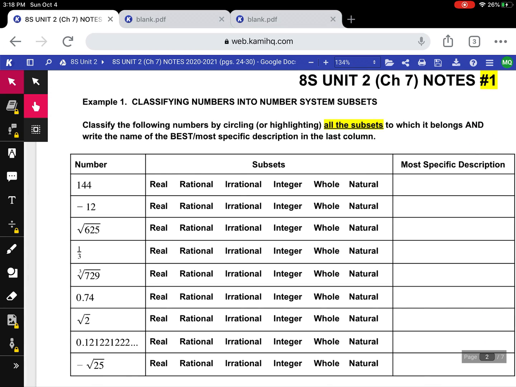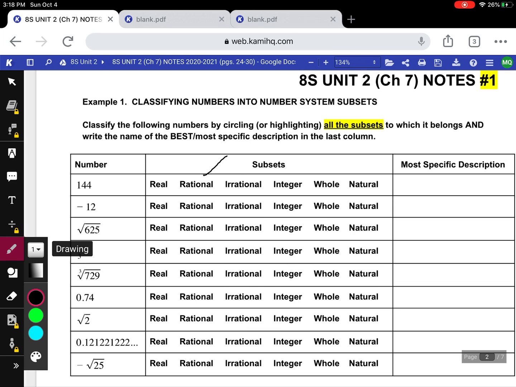Okay, here it says classify numbers into the number system. Classify the following numbers by circling or highlighting all the subsets to which it belongs and write the best or most specific description in the last column. Okay, 144. So I just want to make sure we're clear. When we're talking about irrational or rational, you are one or the other. You're either or. You're not both.